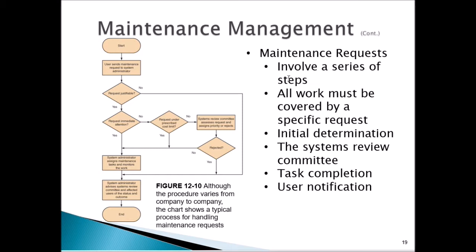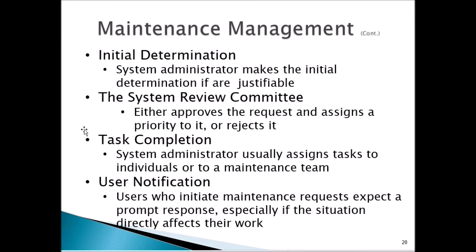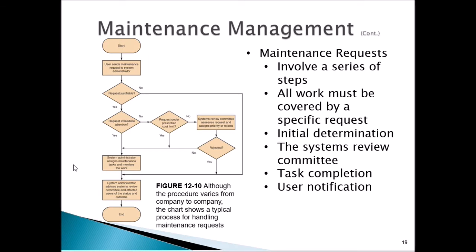Oftentimes there's a system review committee, and then the task is completed and users are notified. The initial determination piece is where the system administrator makes the initial determination as to whether or not it's justifiable. We can see that right here in this decision tree.